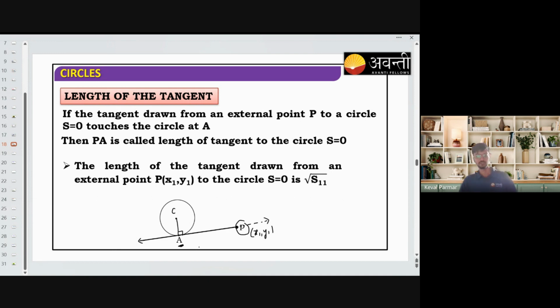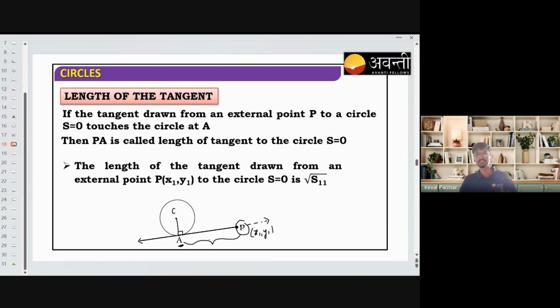I hope you already know the foot of perpendicular. Then the length of segment AP is called the length of a tangent. So I hope now you know how the length of a tangent is fixed.